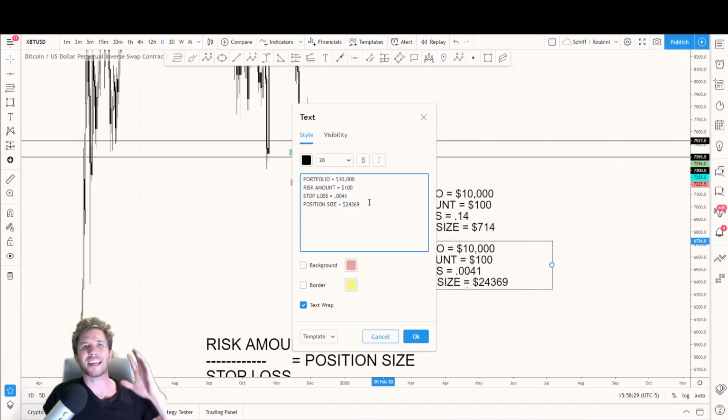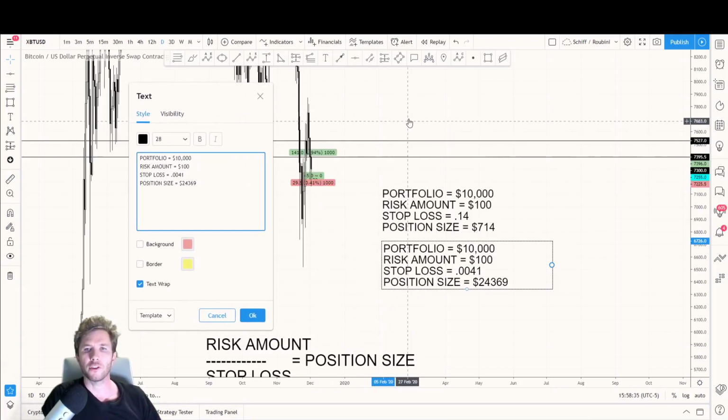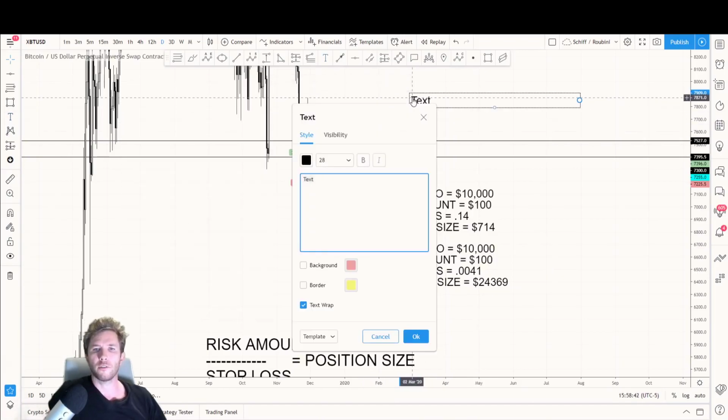This is why leverage is completely irrelevant to managing your risk, because leverage is just a slider. So 5x, 10x, 20x, 30x. Our portfolio is $10,000. Our position size is 24,369.